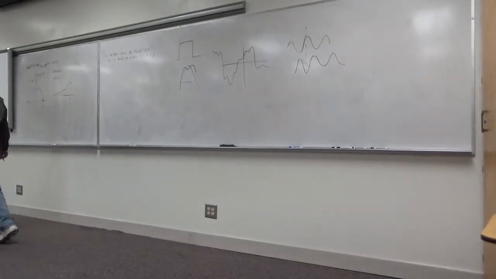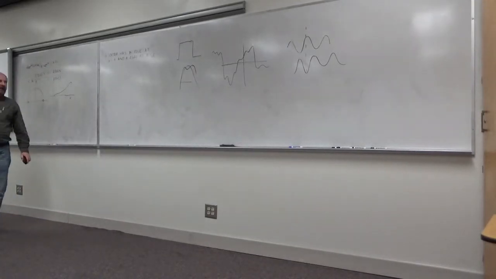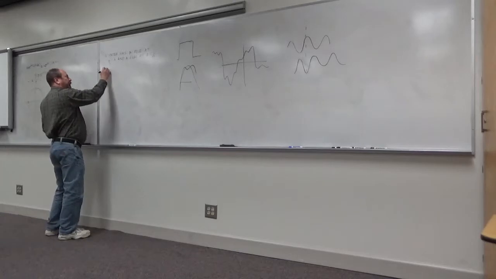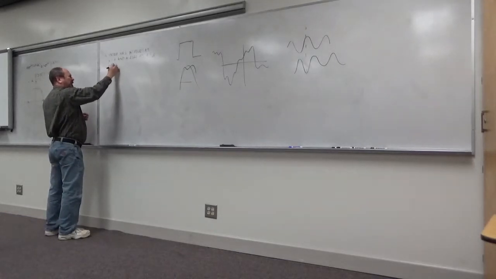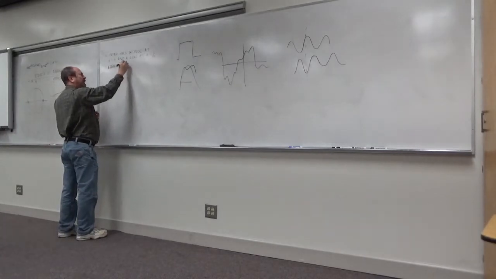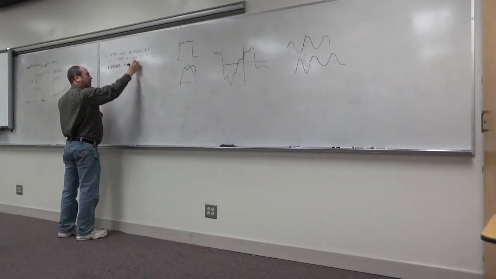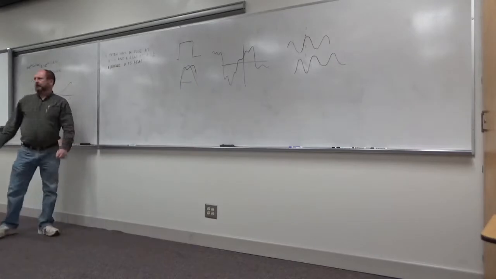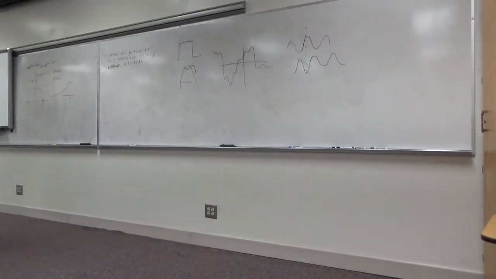Okay? Just one pole, one 0. Now, I want to assume, but I really don't have to, it just makes the math a lot more straightforward, assume a is real. Okay. a is a real number.